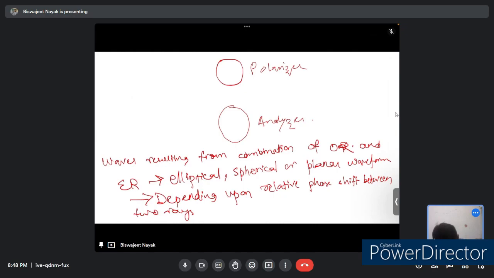So it can be 0 or m lambda, any integer multiple of lambda.